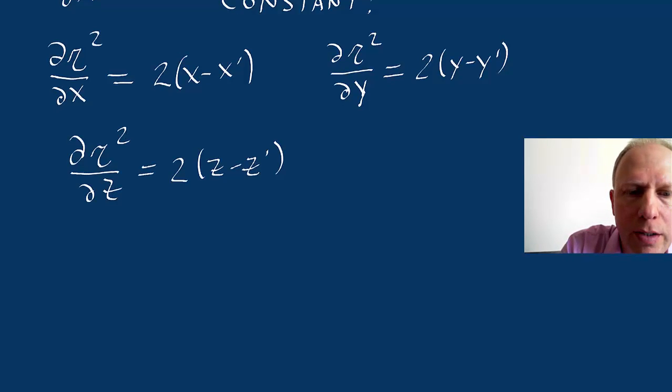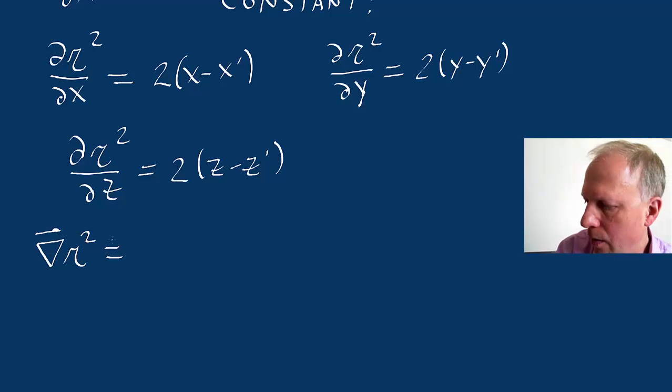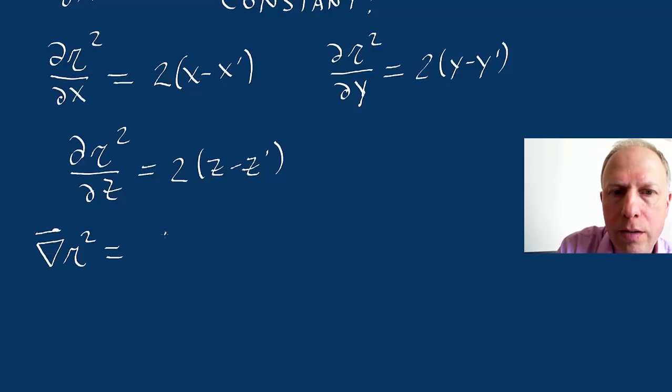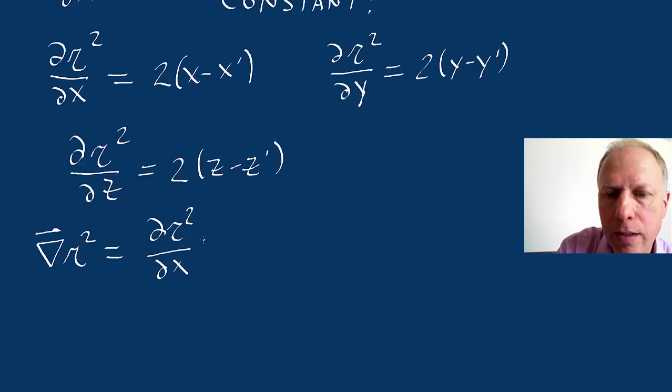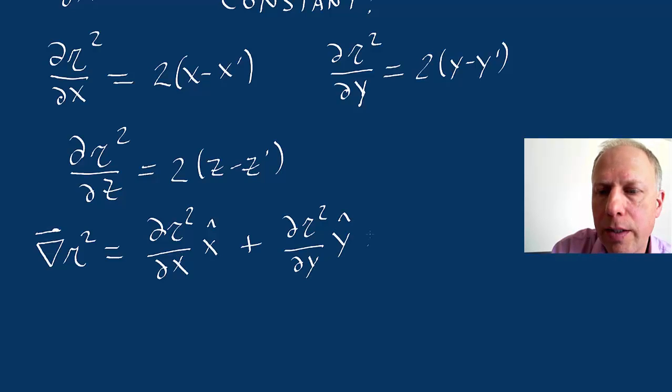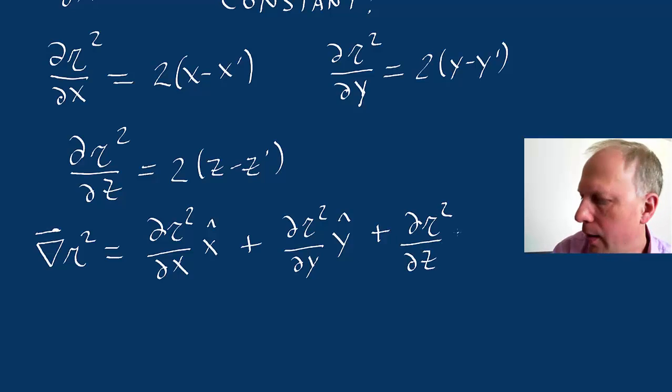So the answer is the gradient of script r squared is dr squared dx x hat plus dr squared dy y hat plus dr squared dz z hat.